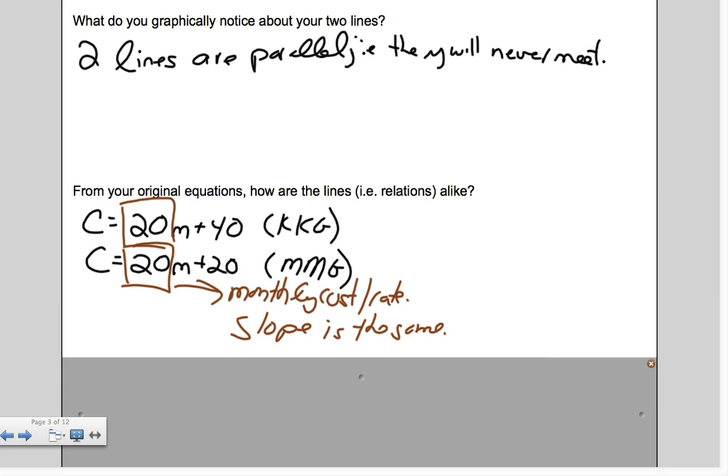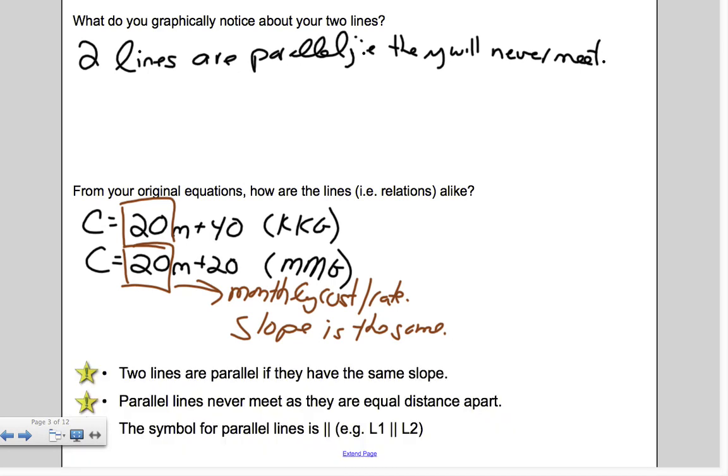So under summary, we could write: two lines are parallel if they have the same slope. We saw that in that example. They both have a slope of 20, and they just keep going up at the same rate.